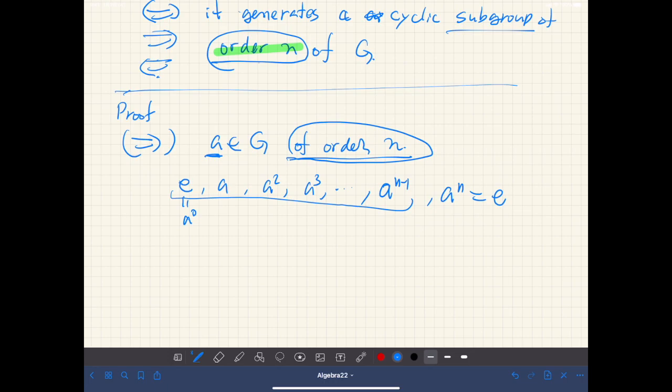Okay, then let us define the subset H by the powers a to the power of m, where m is any integer.